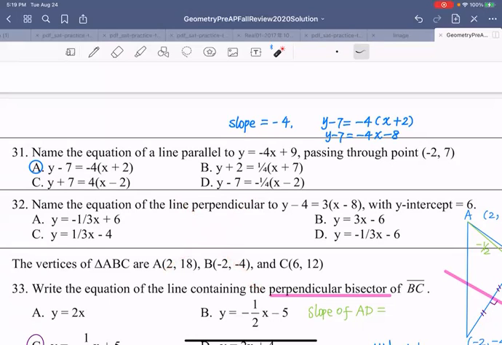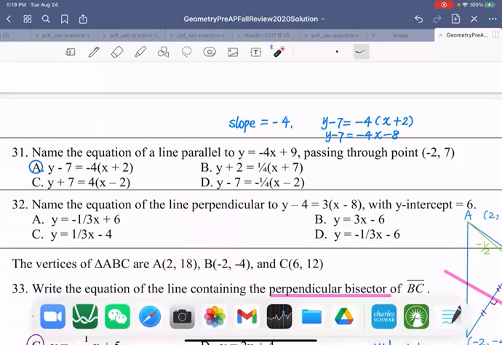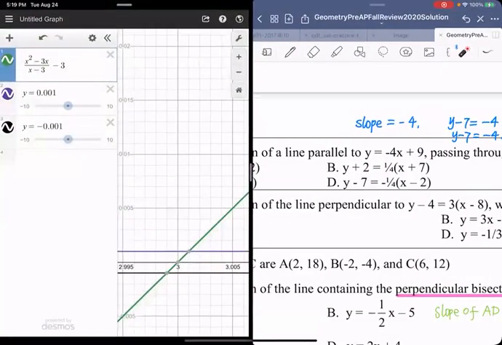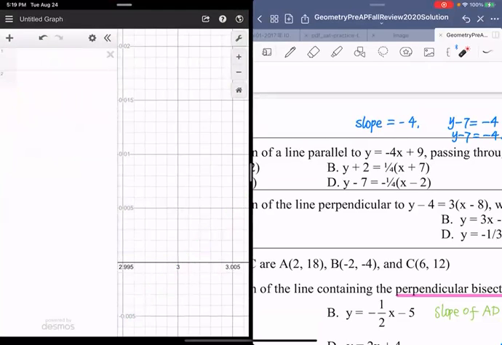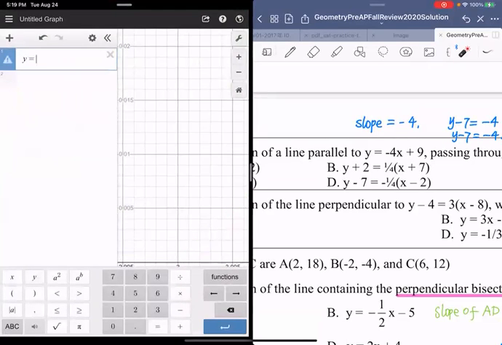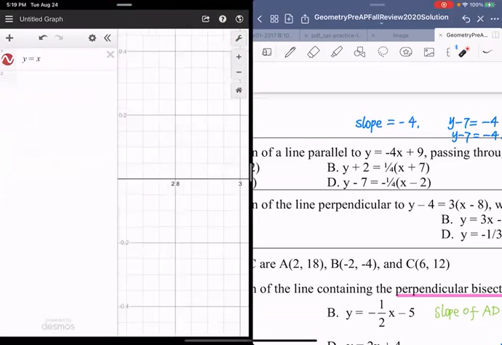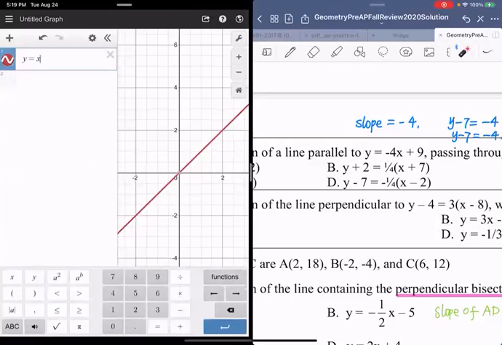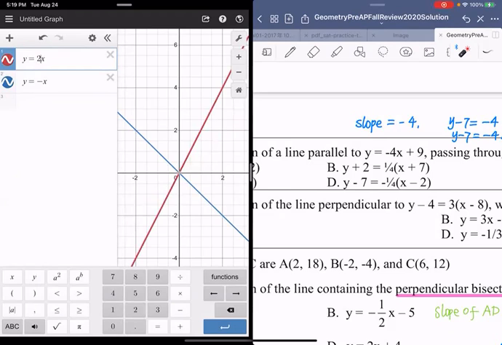For example, if you have y equals x, that's the y equals x line, okay? It's a straight line. If you say y equals -x, their slope product is -1. If you change this to 2, this one has to change to 0.5, so that these two lines will be perpendicular. Make sense?